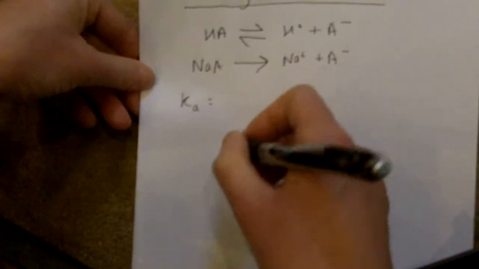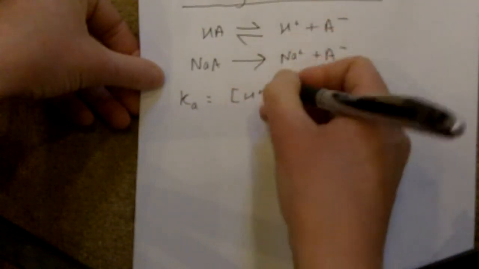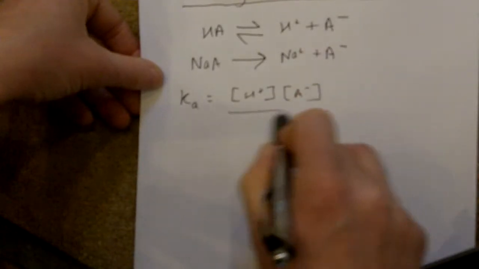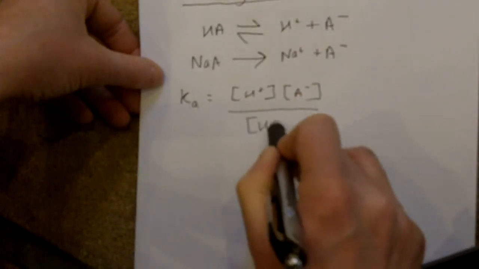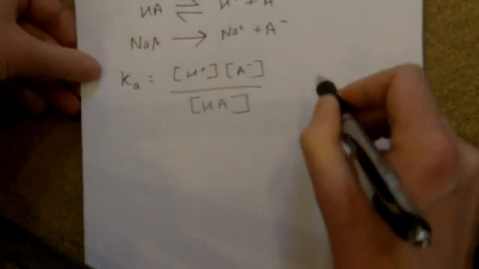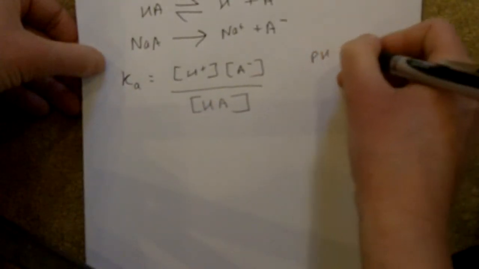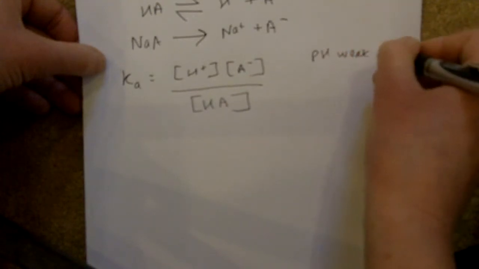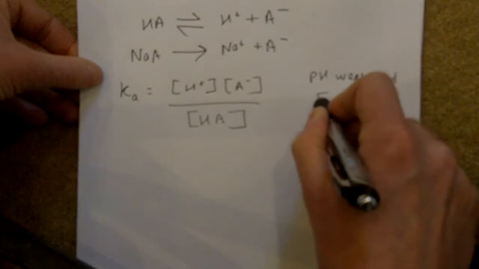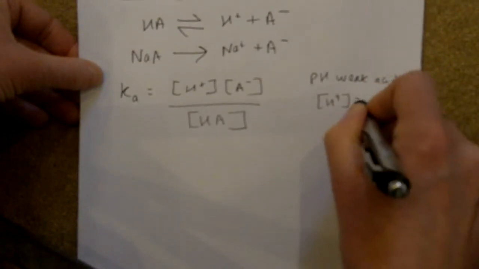Okay, now you can write Ka for the weak acid. Ka is [H+][A-], remember it's all square brackets, over [HA], like that. Now remember what you do for the pH of a weak acid. When you're working out the pH of a weak acid, we use the approximation that [H+] equals [A-].